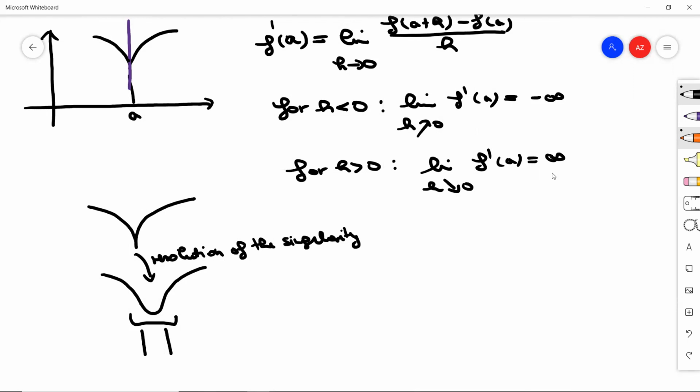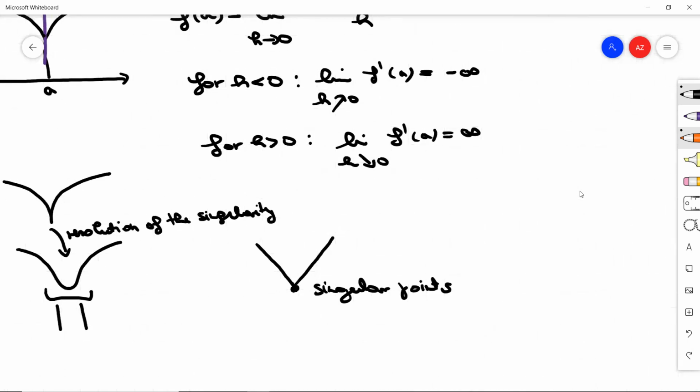The same problem would occur if we have like that and like that. Even this point would then be a singular point. However, this is what we would need in this point to be smooth.